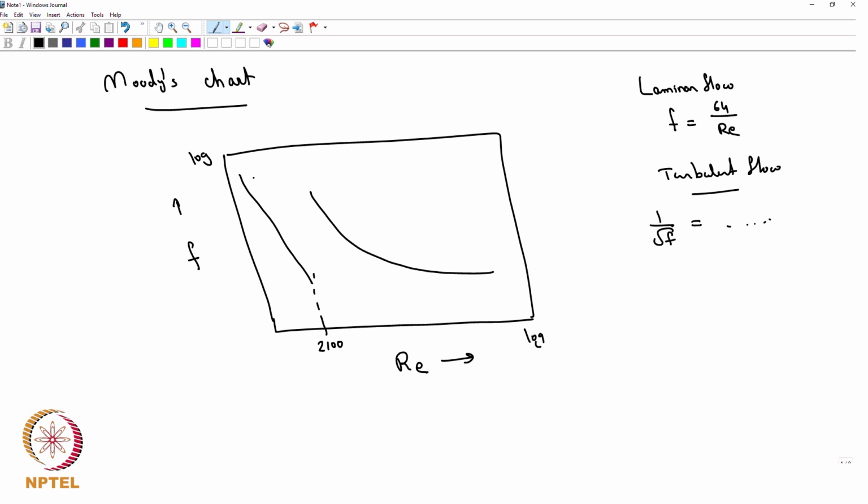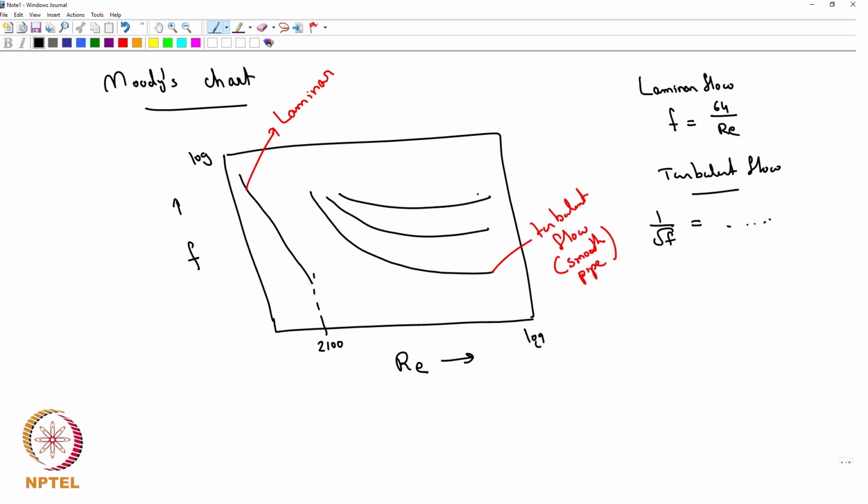Okay, so this is for laminar flow. That's for turbulent flow, but in a smooth pipe. What happens is that if you start incorporating the roughness factor, you're going to get curves like that.